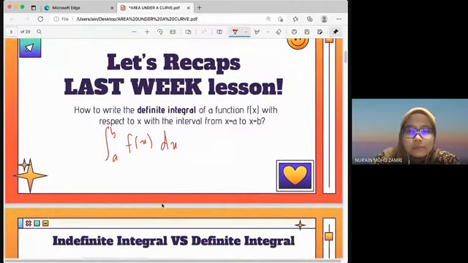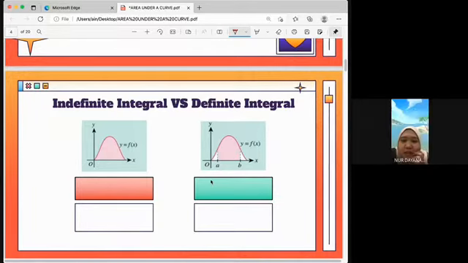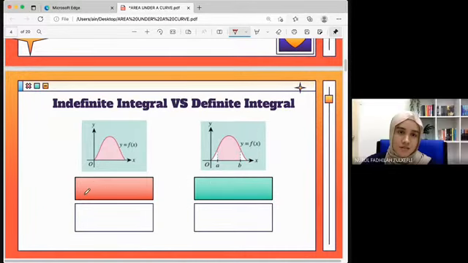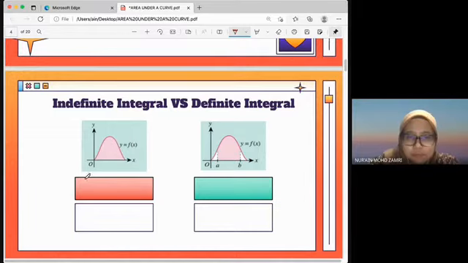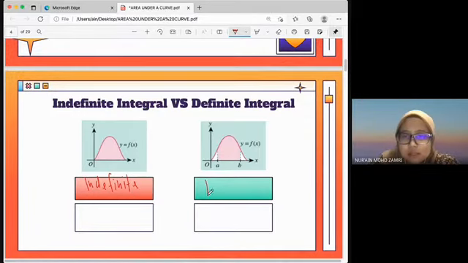Next, which one is the indefinite integral and which one is the definite integral? This one is indefinite. Yes, correct, Yana. And the other one is the definite integral. How do we know the difference between indefinite integral and definite integral?